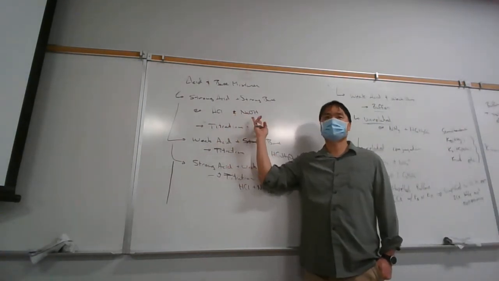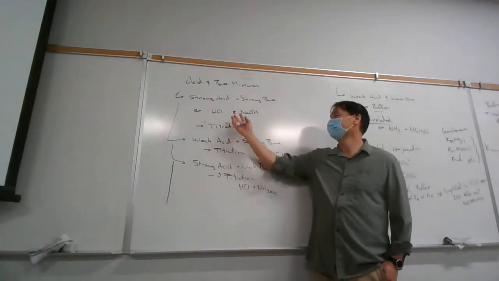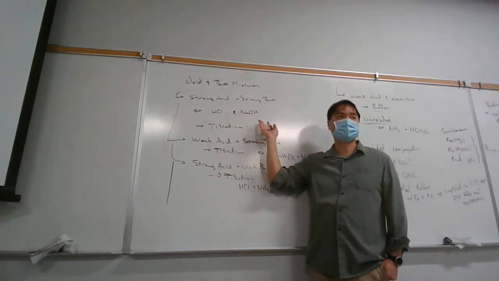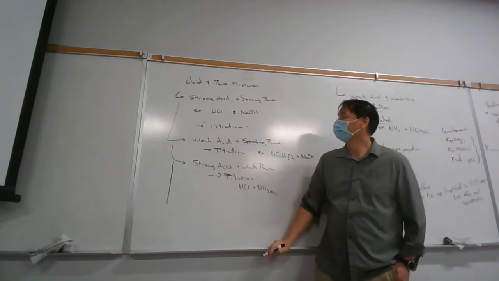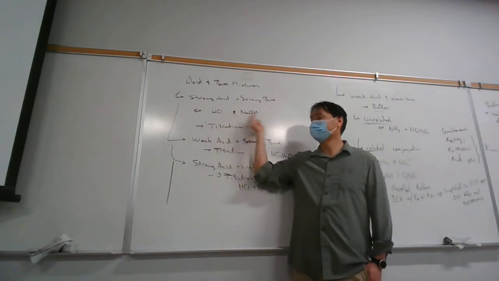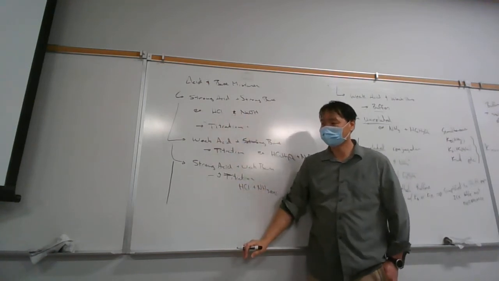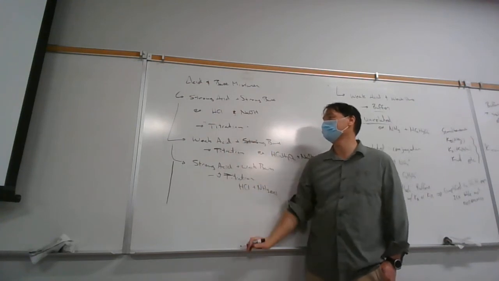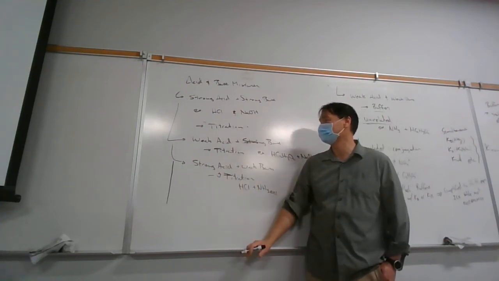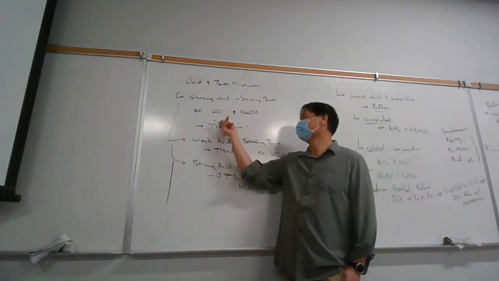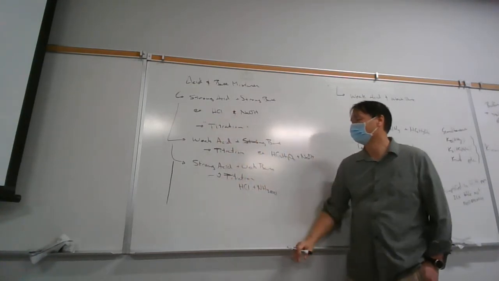They're going to react. And if they neutralize one another, they'll form sodium chloride, a neutral salt. If we have excess acid, then we're going to have excess acid left over, and it'll just be acidic. Or if we have excess base, there will be excess base left over, and it'll just be basic. So it's either going to be neutral, acidic, or basic, depending on the stoichiometry.